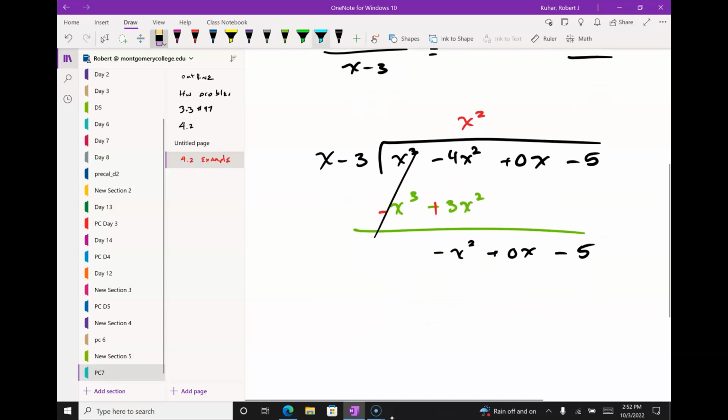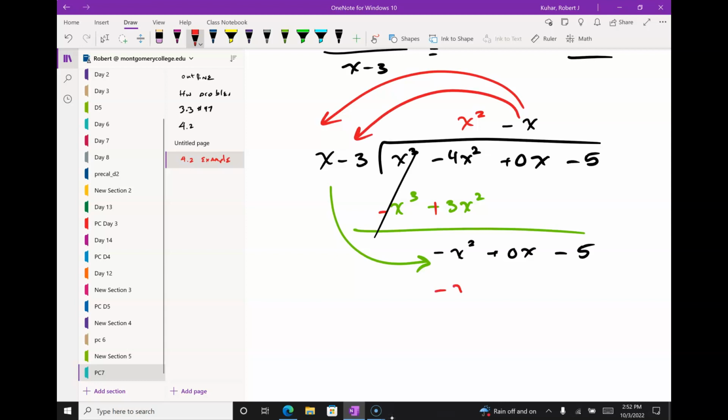Rinse and repeat. X goes into negative x squared by what? Negative x, right? So negative times positive is negative, x times x is x squared. Come back and multiply, and I get negative x squared plus 3x.